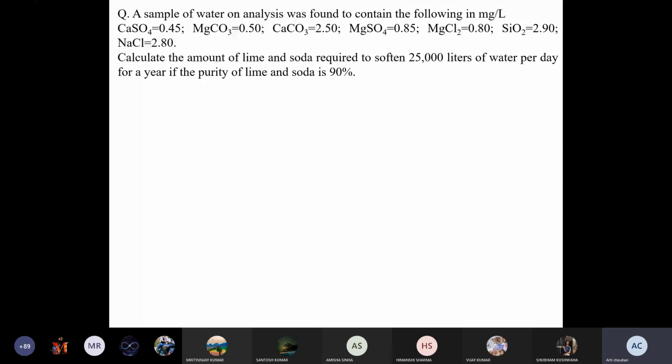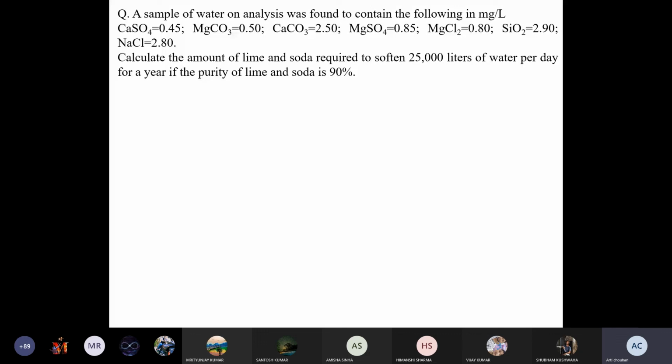If the purity of the lime and soda is 90%, so purity is also given, your lime and soda is impure. It is not 100% pure lime and soda.